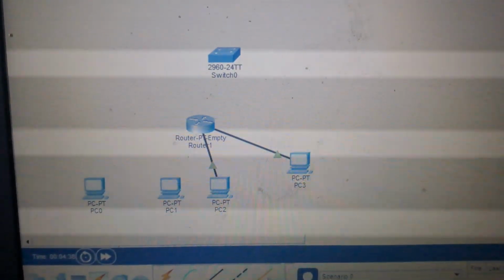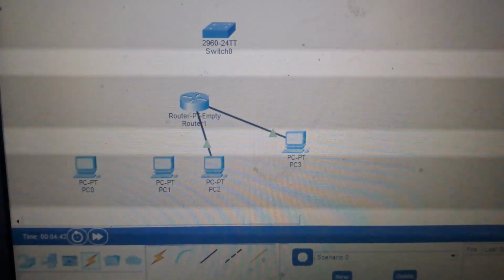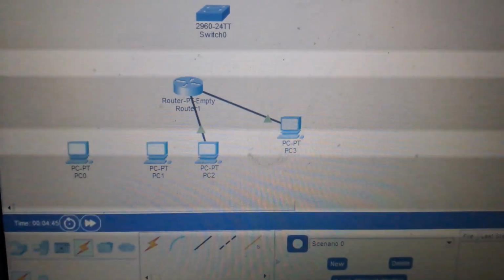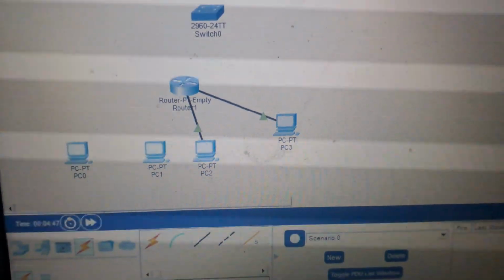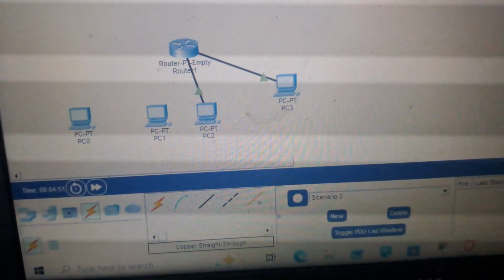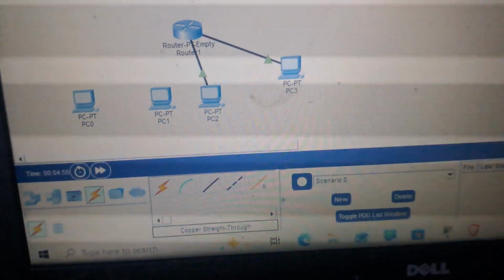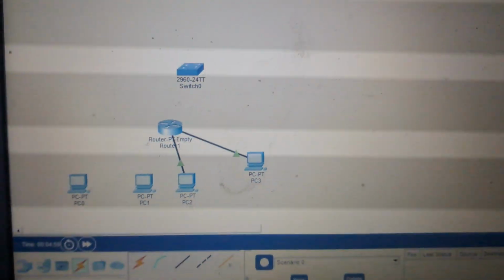It increases performance and reduces unnecessary broadcast traffic. It organizes the network on different floors. It needs a router, and it uses a layer 3 switch.